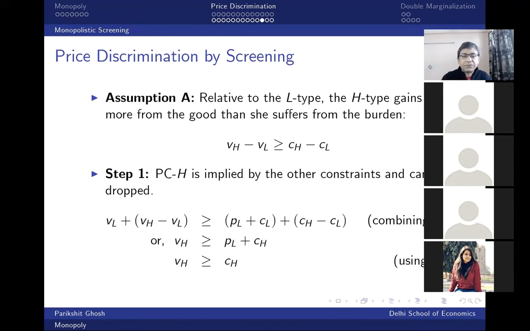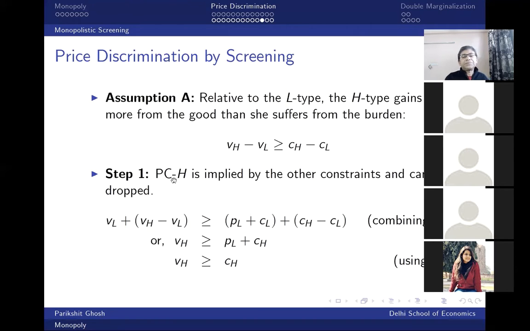That long wait time or what have you. But the value differential is greater than the cost differential, right? This kind of assumption is sometimes called single crossing property. We'll study this more in the second micro course. Anyway, this is an assumption we'll make, which will give us interesting results.